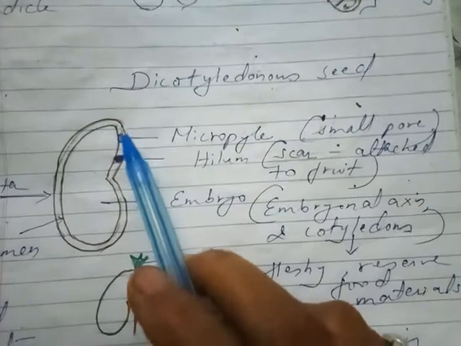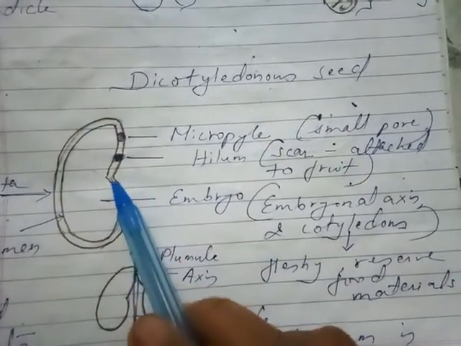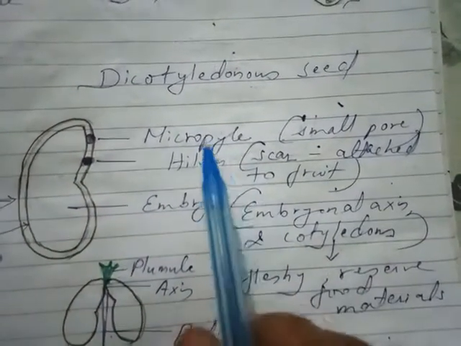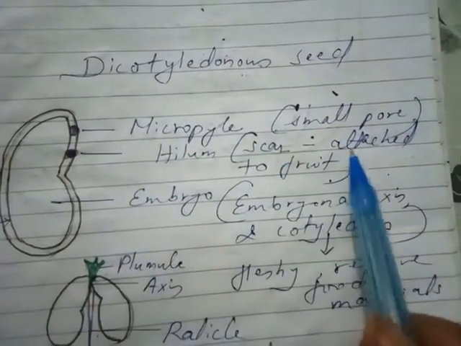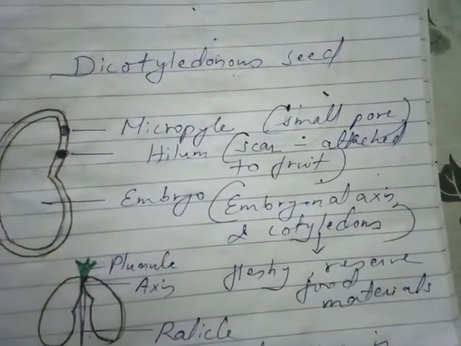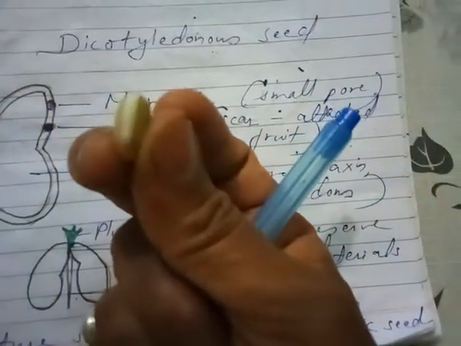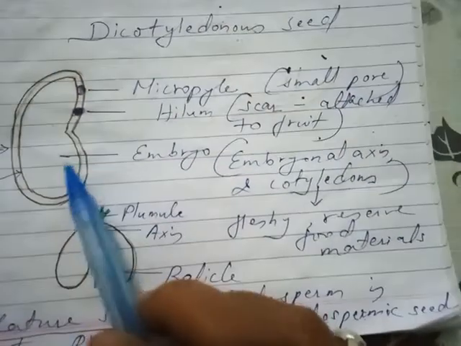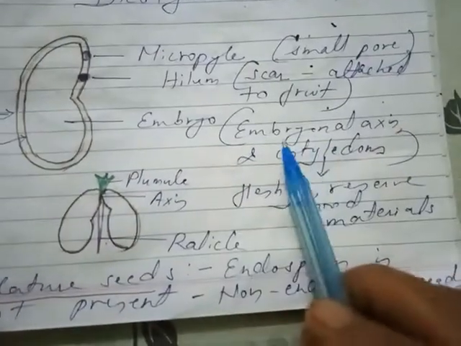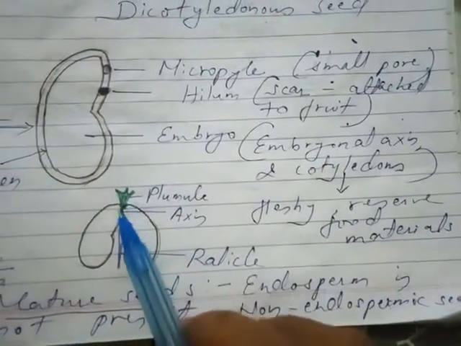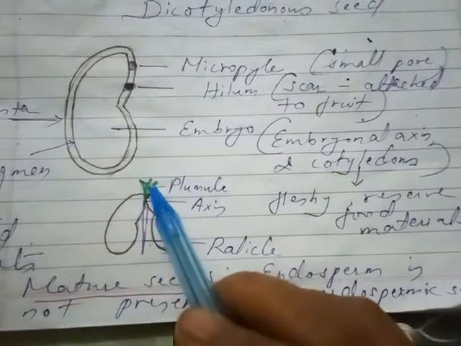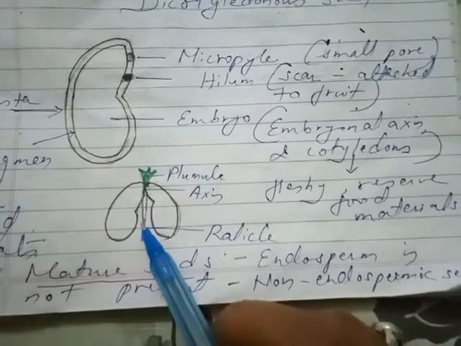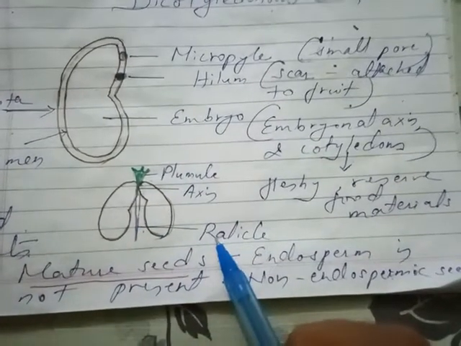Then there is a scar present over here, and that scar will have the micropyle, which is a small pore, and a hilum, that is a scar with which it gets attached to the fruit. And the embryo part: the embryo has an embryonal axis, and in that embryonal axis plumule and radicle are present. Radicle will give rise to the root system and plumule will give rise to the shoot system.